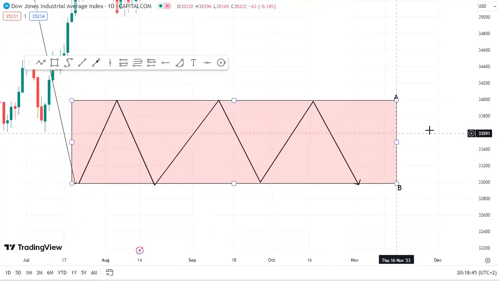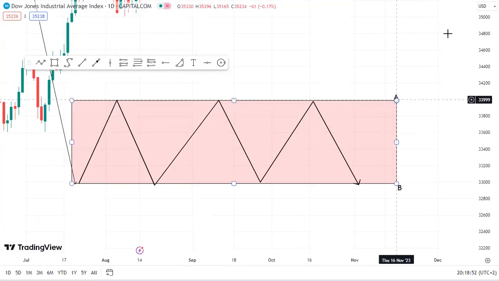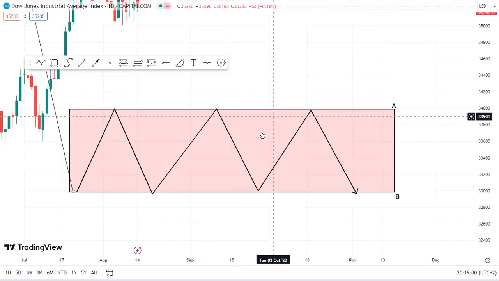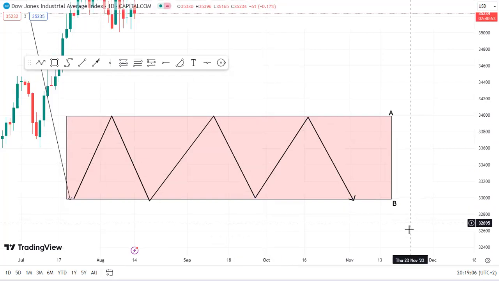You are not certain whether the market is buying or whether the market is selling. So what you do is you wait for the market to break from point A or point B, from this to this, right? Then you can enter your market, right? So this can be a continuation and also can be a reversal. You're not certain.